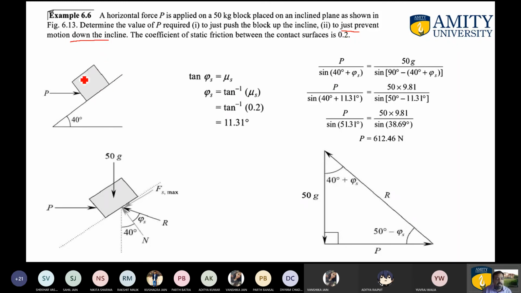This means this particular body has a tendency to move in the downward direction. So we can say that impending motion is occurring and it is going in the downward direction. Again, the problem will be solved by considering impending motion, but now impending motion is downward. So you are required to apply the force P such that this impending motion can be prevented.